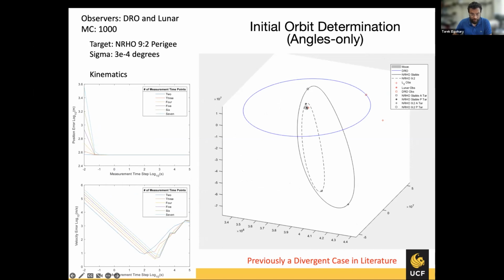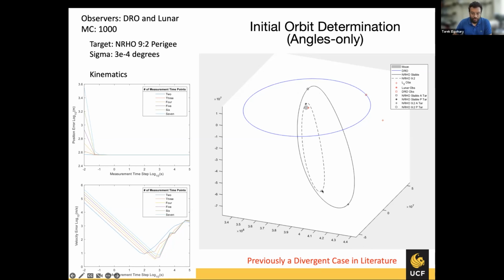This is the moon. We have an observer on the surface of the moon. We have another observer in a DRO, which is called the distant retrograde orbit, the blue orbit. We have another observer in an NRHO, a near rectilinear halo orbit, which is this one.